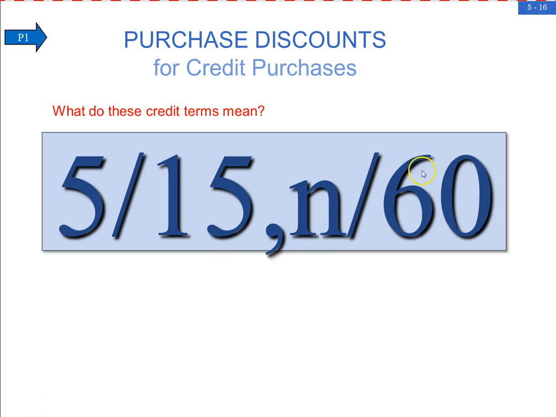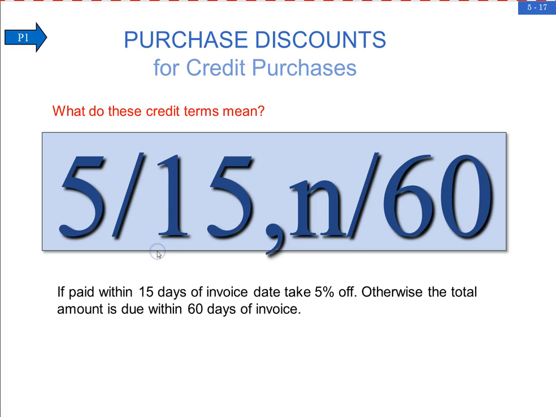If not, the total amount is due within 60 days. And again, the 15 days and 60 days are based off the invoice date. So the total amount is absolutely due 60 days from invoice date, but if we pay within 15 days from the invoice date, then a 5% discount can be applied to the total amount. That's what it looks like there.